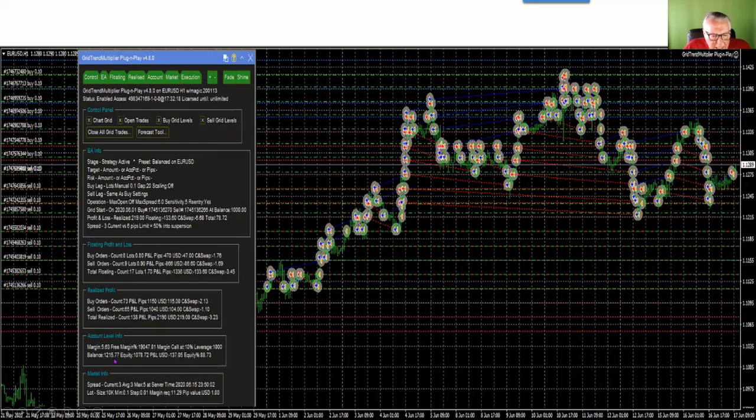Because it's got a positive equity, it means that what I call a carpet, all these open trades, have been paid for, in other words. So although they're open and they've got negative balances and all that, they are paid for because the equity is positive.